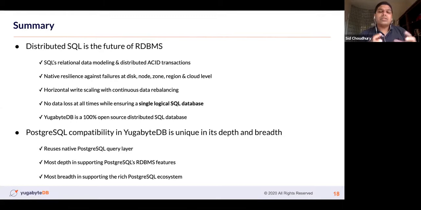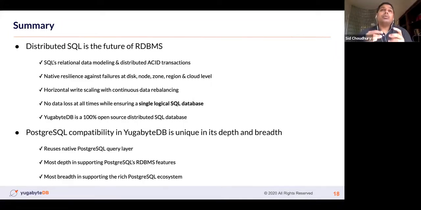And giving this notion of a single logical database to the application and the application developer allows an unprecedented flexibility with respect to what you can build and how fast you can build. And all of us at Yugabyte are excited with the architecture, but we're also excited that we're bringing this entire form factor as a 100% open source distributed database to our community.